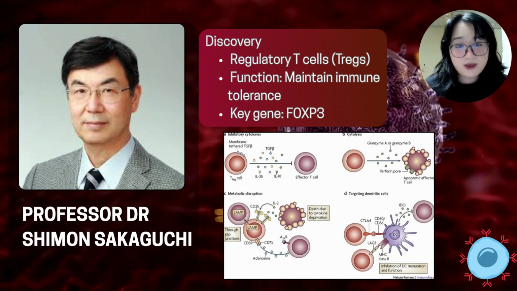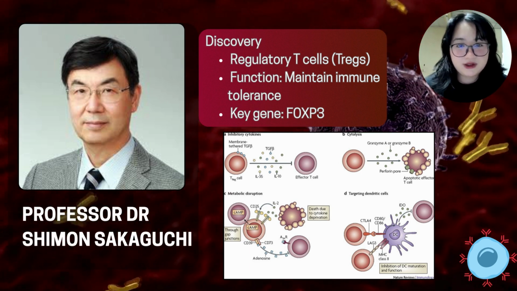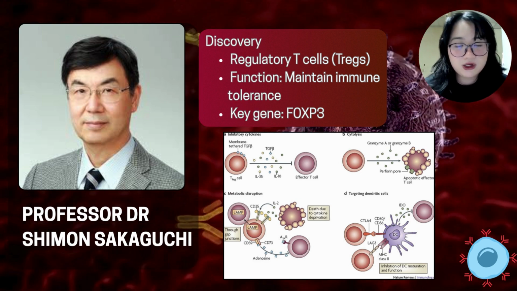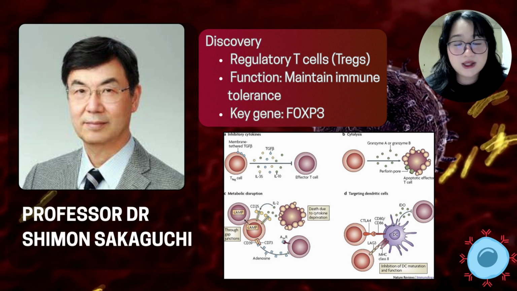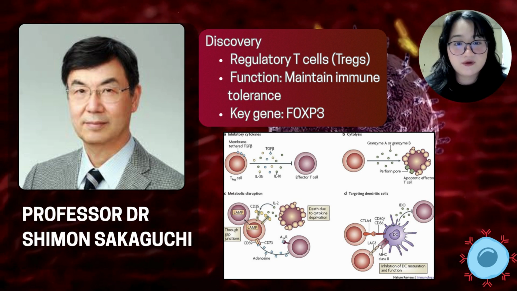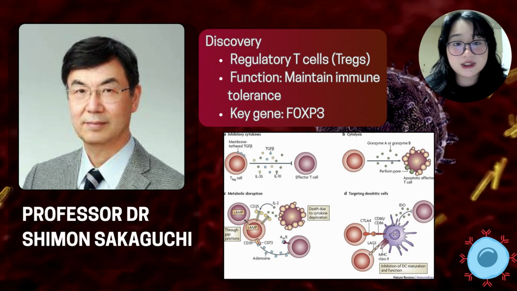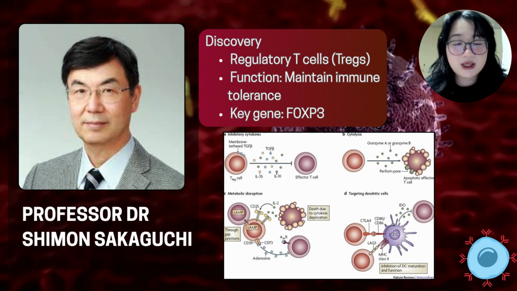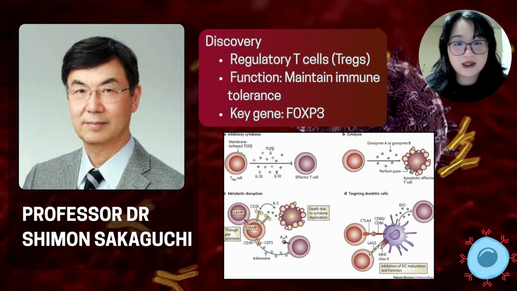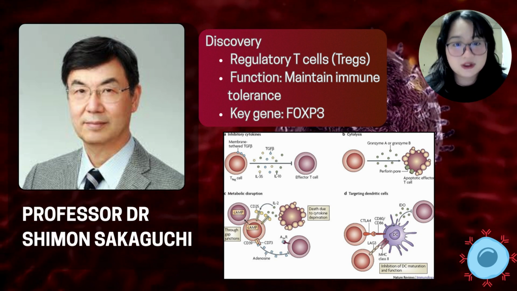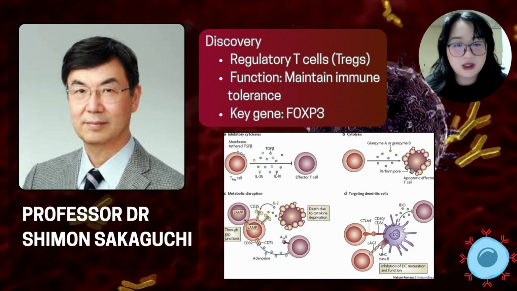So, one of the most famous specialists in this field is Professor Shimon Sakaguchi, a renowned immunologist best known for his discovery of the regulatory T cells, also known as Tregs. Tregs play a crucial role in maintaining immune tolerance by suppressing excessive immune responses and preventing autoimmunity.